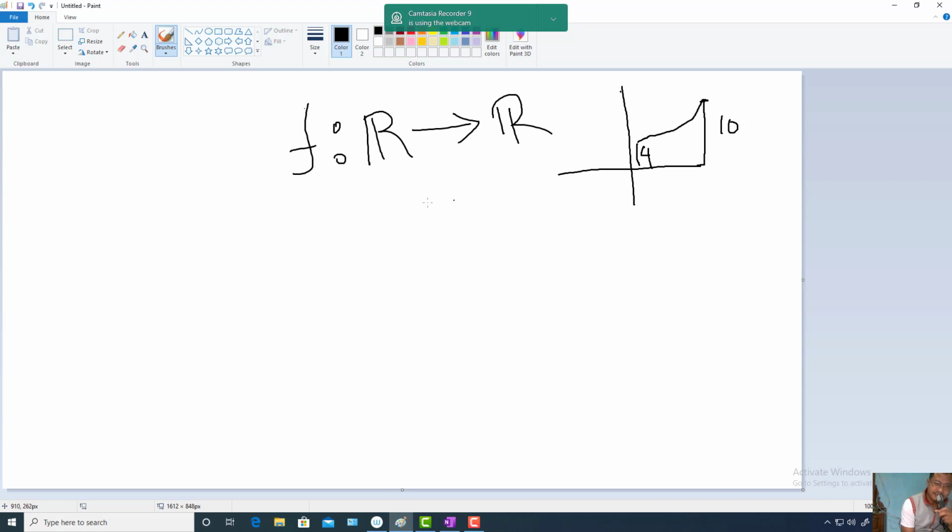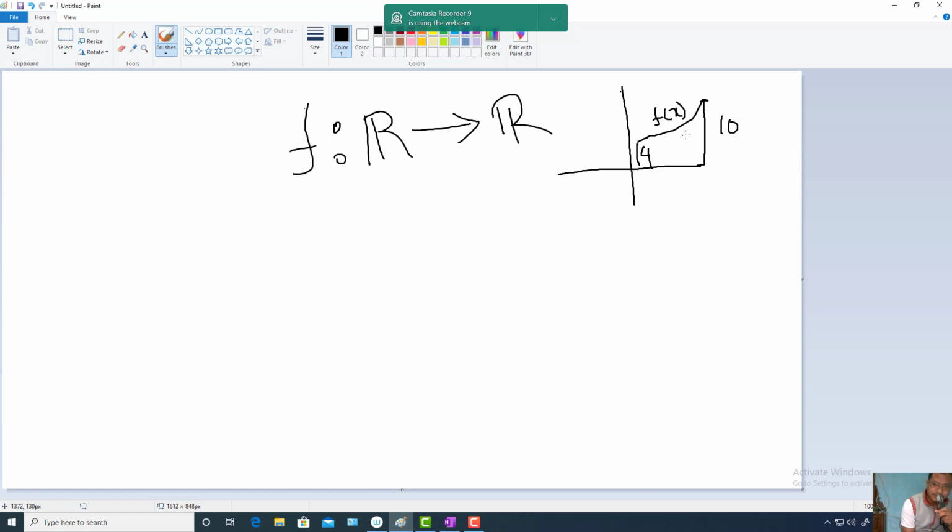Suppose the graph of the function is like this. This height is 4 and this height is 10. The maximum value the function can take is 10 and the minimum is 4.